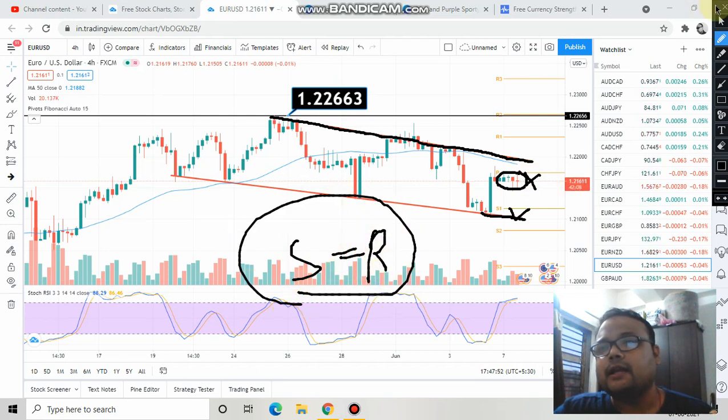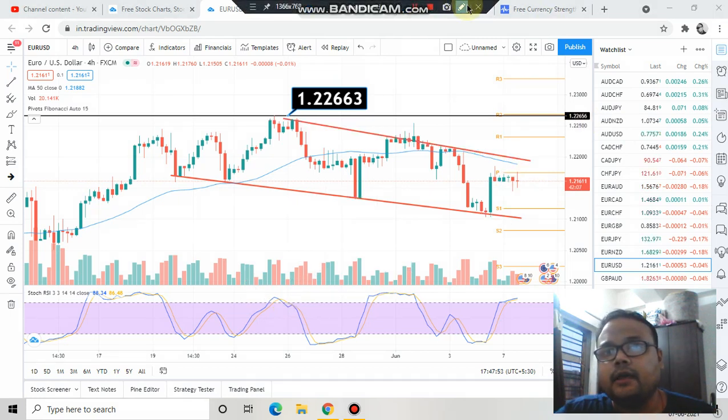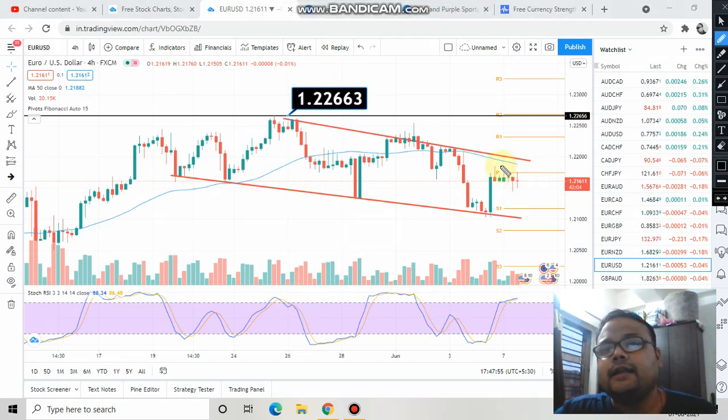In case the market goes up from here, there is a possibility that the market may reverse from this particular price level if Euro does not have the required strength. Therefore, if the market goes up, then also you can short the market.